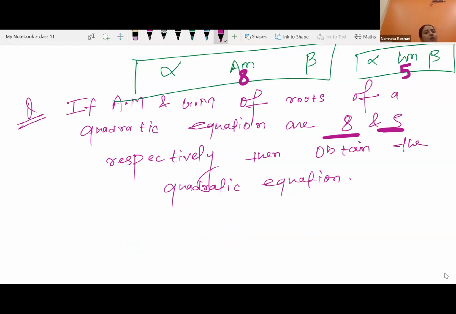So alpha and beta are the roots, and in between that arithmetic mean is 8. So can we write arithmetic mean is equals to alpha plus beta by 2? Arithmetic mean is left end number plus right end number divided by 2.